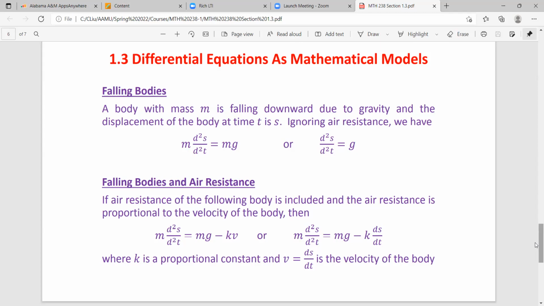So again, we got a second order differential equation of the displacement s with respect to t, and it's also linear. Here k is a proportional constant, and v equals ds over dt is the velocity of the body. Any questions about this problem? I think this is pretty straightforward if you took physics before.